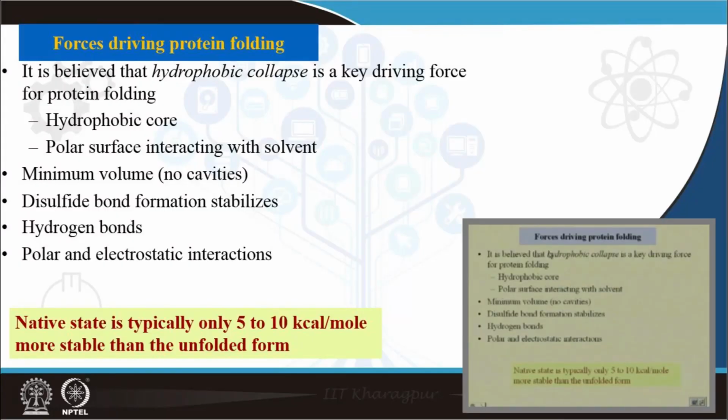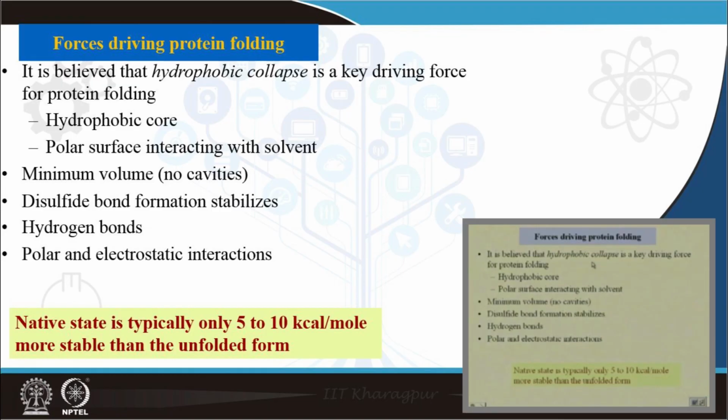Because now we don't have our polypeptide chain anymore, we have a folded protein structure. Okay, and what we need to know is how this protein folded structure is formed. Now, there are certain terminologies here that I'm going to go through. One is called hydrophobic collapse. Now, what we mean by this is that you know that the core of the protein is hydrophobic in nature.